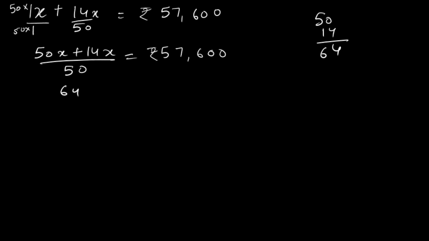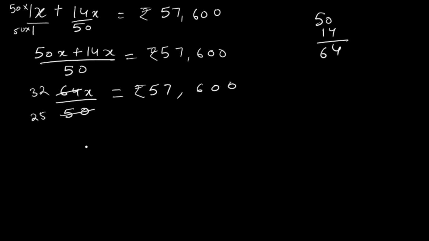So 64X by 50 is equal to 57,600. If I am going anywhere wrong with the calculation, please let me know. Further cancellation we can do on 2's table: 2 into 32, 2 into 25. So 32 by 25 X is equal to 57,600.